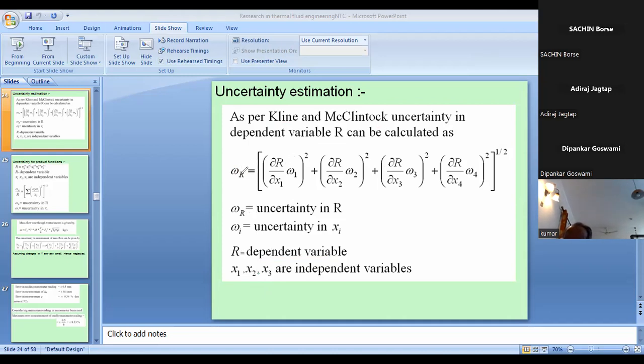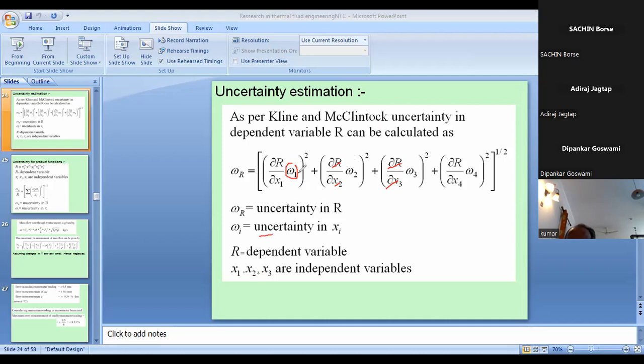We calculate uncertainty in the dependent variable R by this formula: square root of the sum of (del R by del X1 times omega 1) squared, and so on. So we have to partially differentiate R with respect to X1, then partially differentiate R with respect to X2, then with respect to X3, like this. Then multiply each with omega.